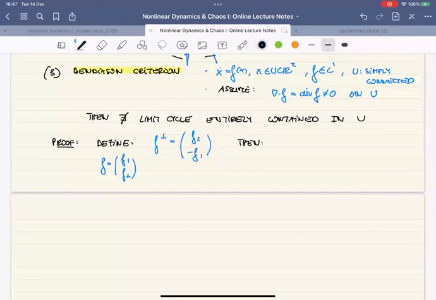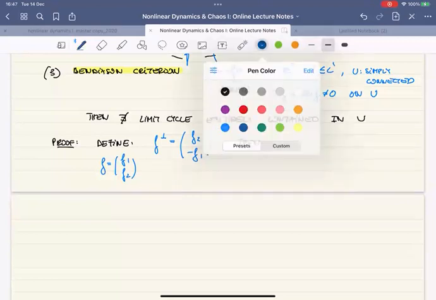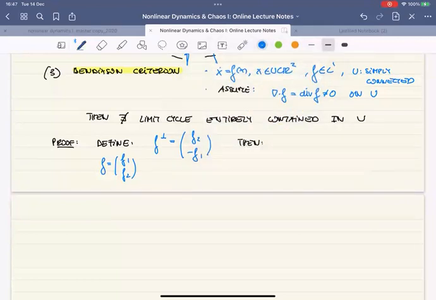Okay. Then with the help of that vector field, if I consider this integral, assuming the contrary first, so there exists a limit cycle. It doesn't matter if it's stable or unstable.